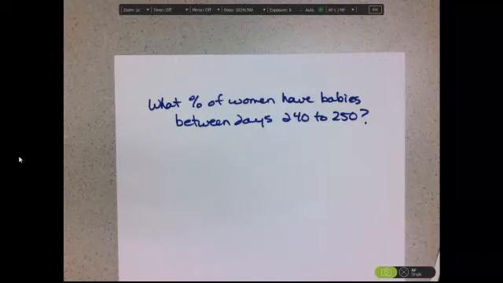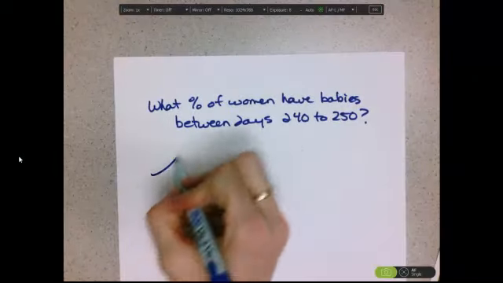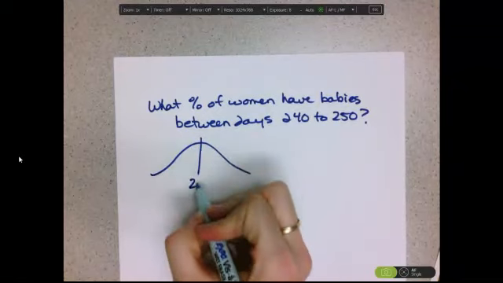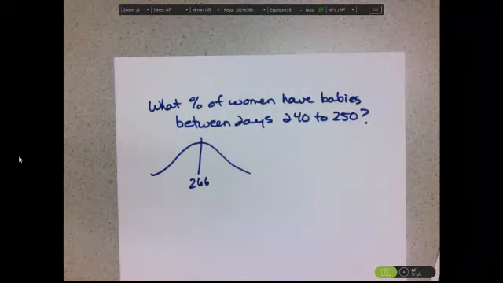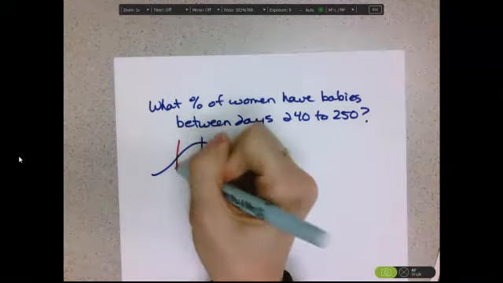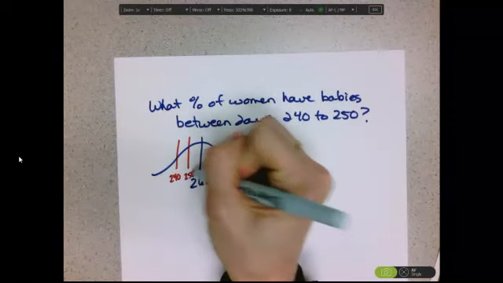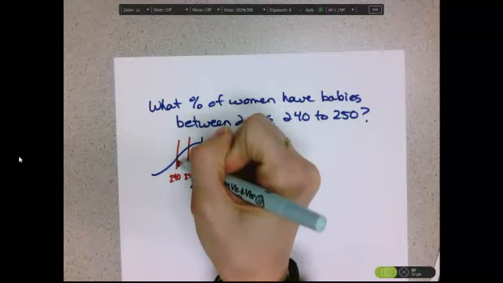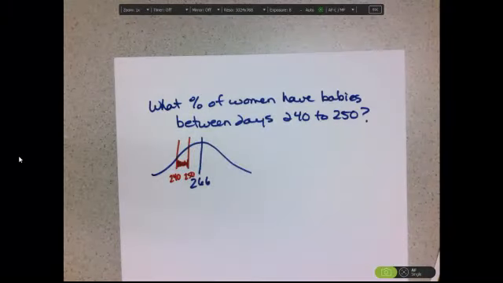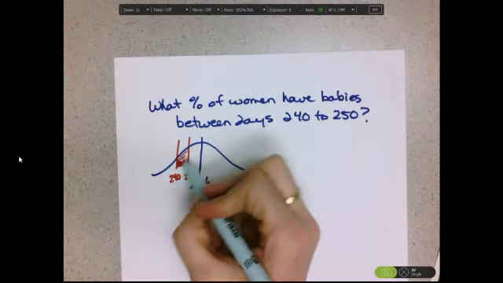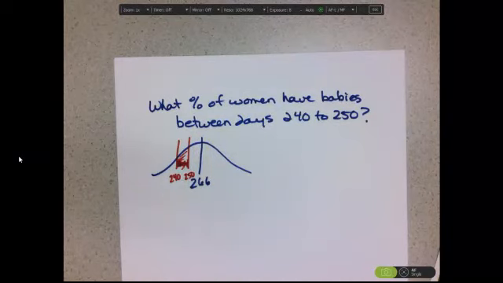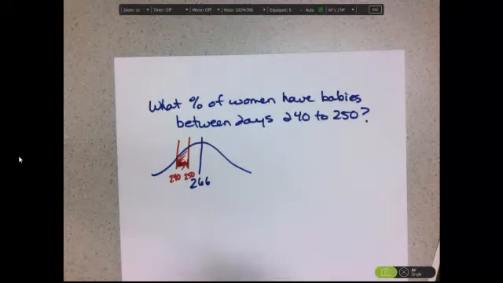First step, the first step that's always good is to sketch this out. We have our mean of 266, and this time what we're interested in is day 240 to day 250. We're interested in all this shaded area, and the table doesn't give you information on that. So the easiest way to do this is in two steps.